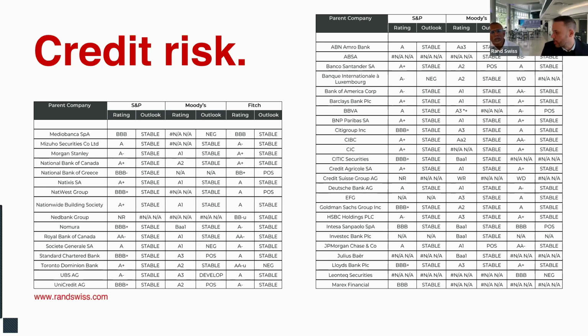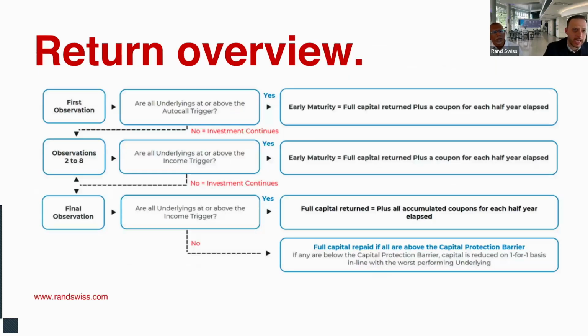We pretty much have always used A-rated banks in the past. We've never seen a credit event in any of these notes, but it's worth understanding that it is a risk, and that's why we farm out to all these banks for pricing, and we try to vary who you're holding as well.